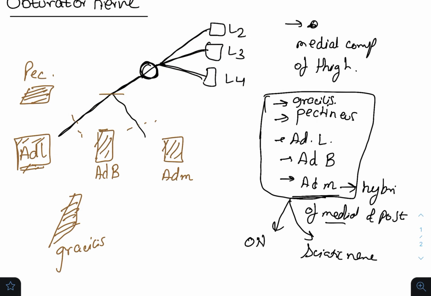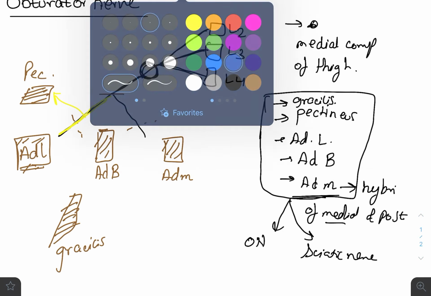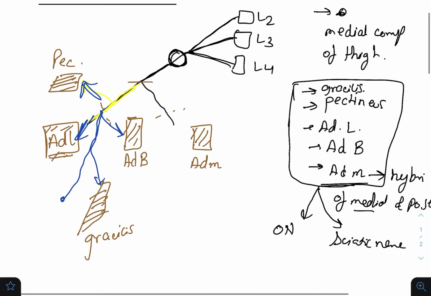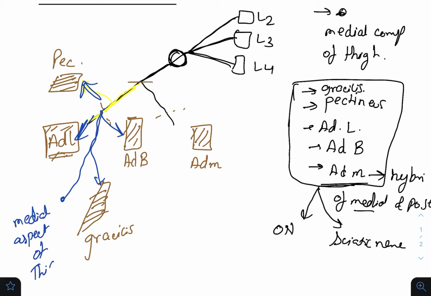Anterior part of the obturator nerve supplies the pectineus muscle, adductor longus, adductor brevis, and it gives a branch to the gracilis and a terminal branch which supplies the medial aspect of thigh.